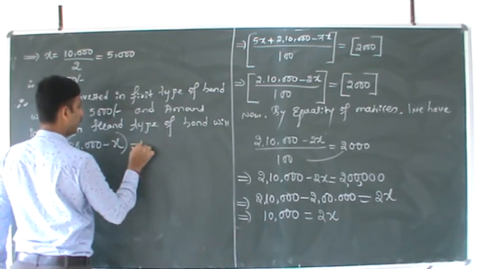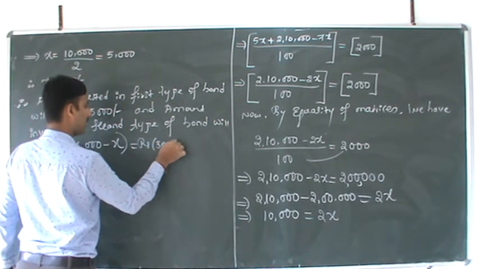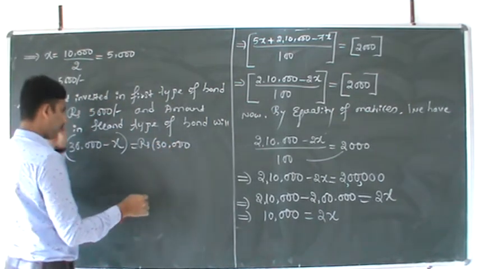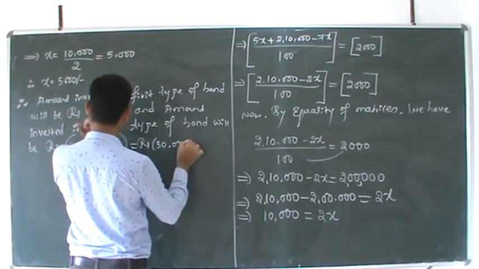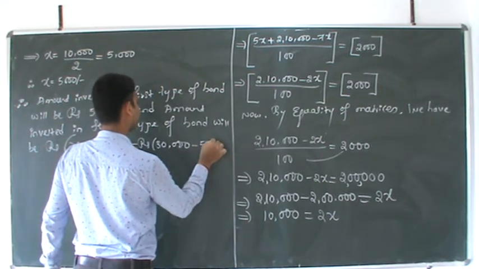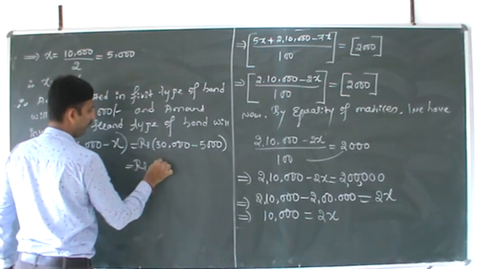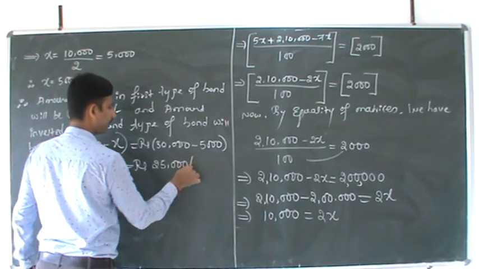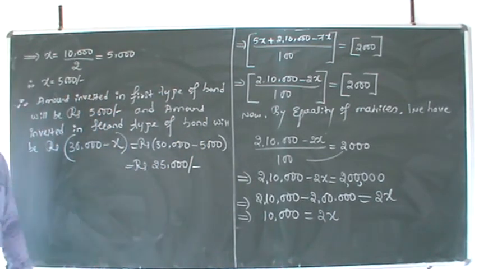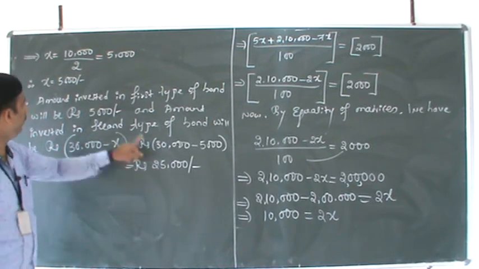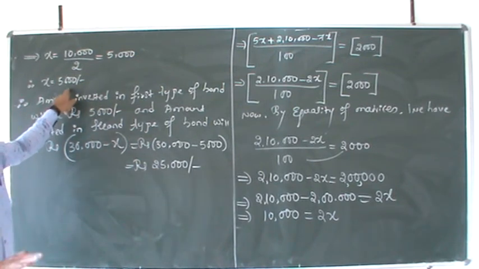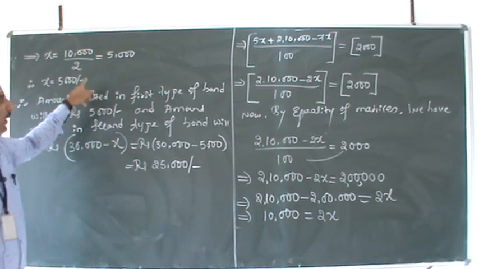Which is nothing but rupees 30,000 minus 5,000, which is nothing but rupees 25,000. How does it balance? 25,000 and 5,000 make 30,000. Amount invested is 30,000 in two types of bond.